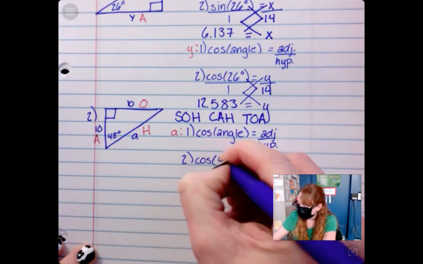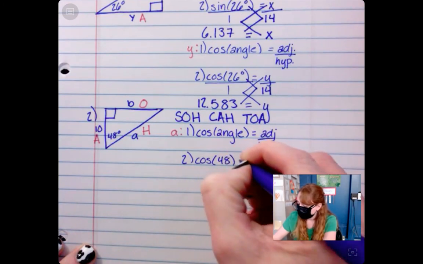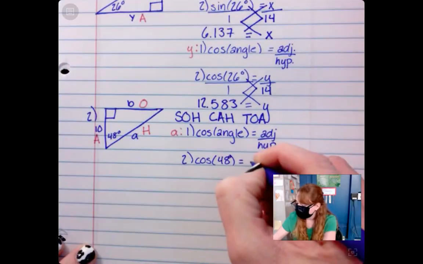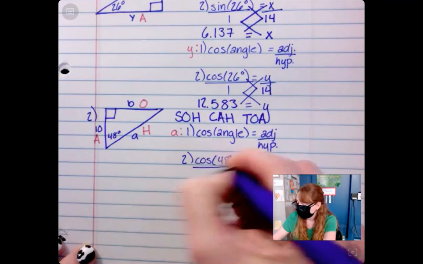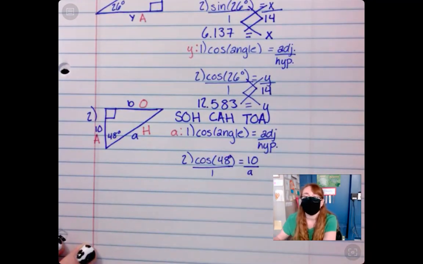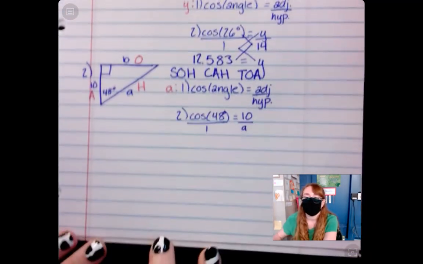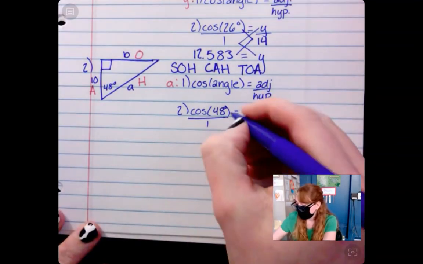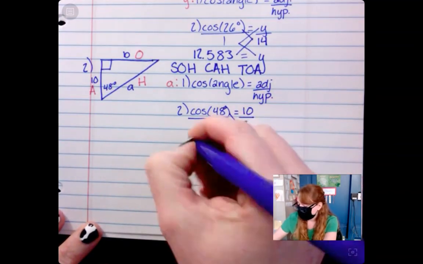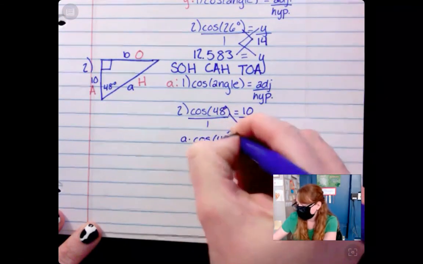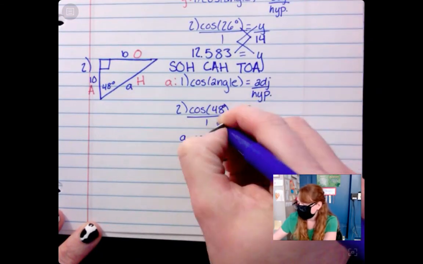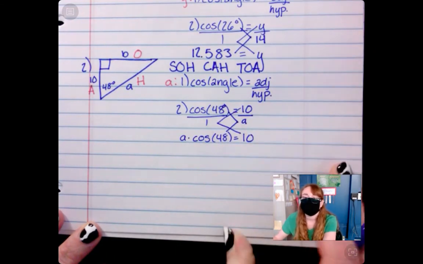Cosine of 48 degrees is equal to our adjacent side of 10 over our hypotenuse of A. We're going to put an invisible 1 under the cosine of 48 so that we can cross multiply. Cosine of 48 times A gives us A times the cosine of 48. And 10 times 1 gives us 10.